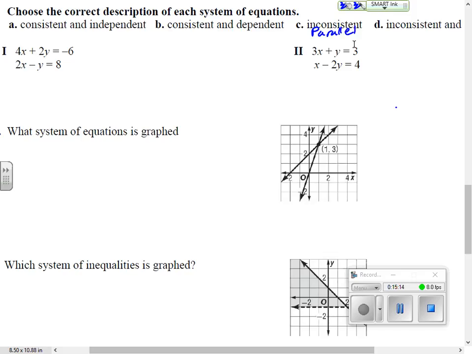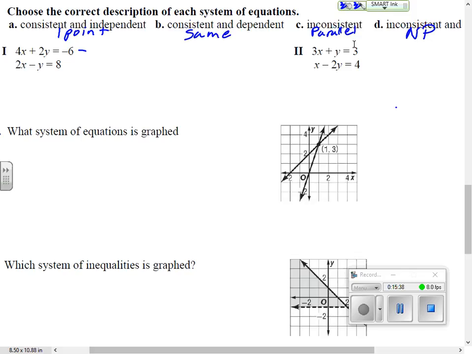If they're the exact same line, it's consistent and dependent. If they intersect at one point, it's consistent and independent. Inconsistent dependent is not possible. So which one is this?